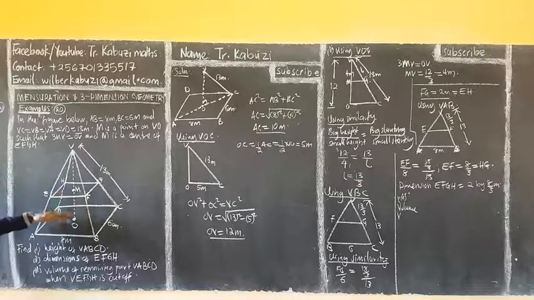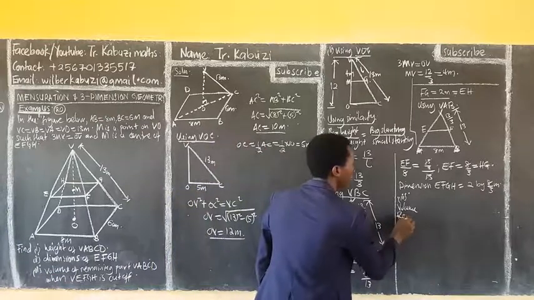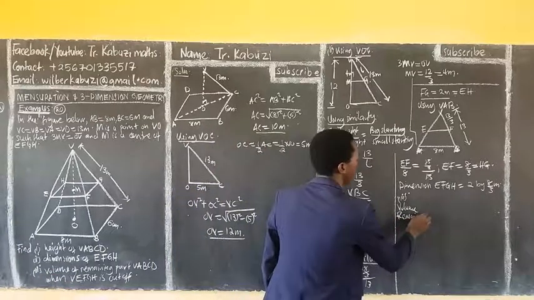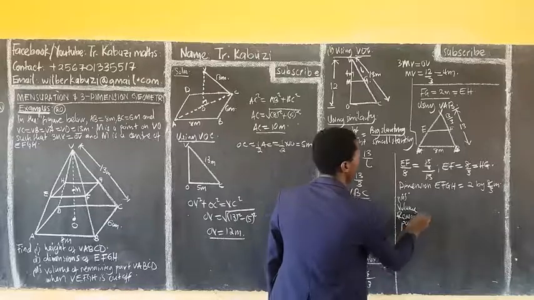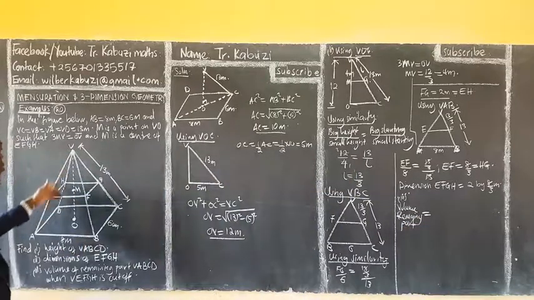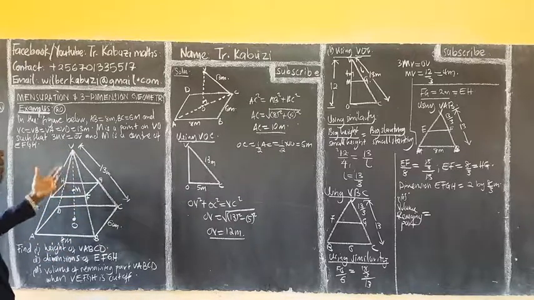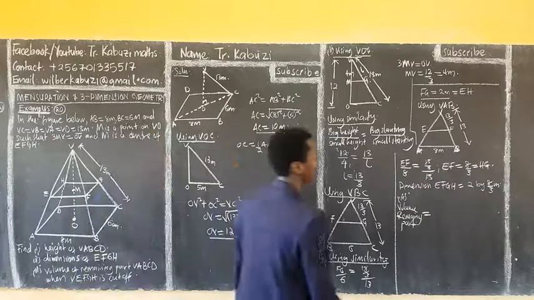They want us to get the volume of the remaining thing. So the volume of the remaining parts is going to be the volume of this big pyramid minus the volume of the small pyramid. Then we shall be having the answer.